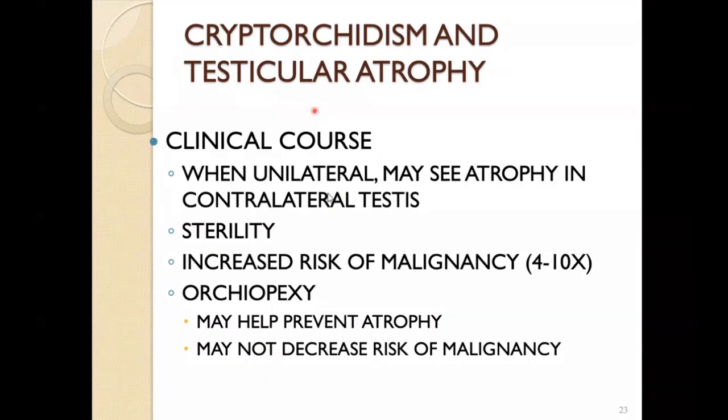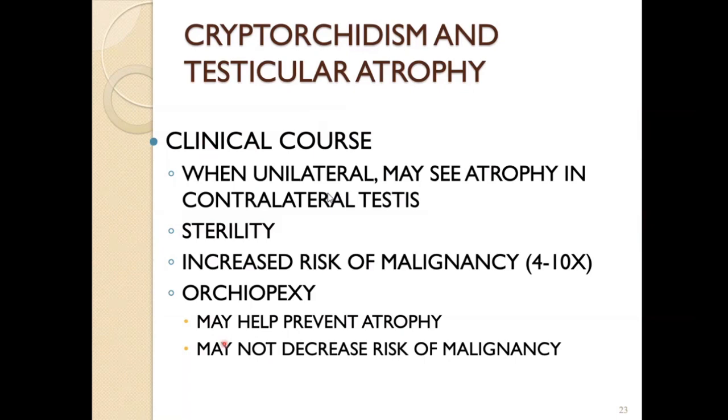But the problem is now, even the one which has descended will be atrophic because the other one is still in the abdomen and atrophic. So sterility, as I said, and the risk of malignancy will increase from 4 to 10 times as compared to those not having cryptorchidism.